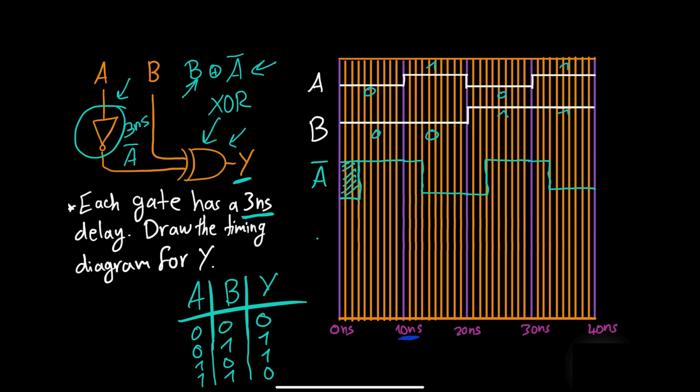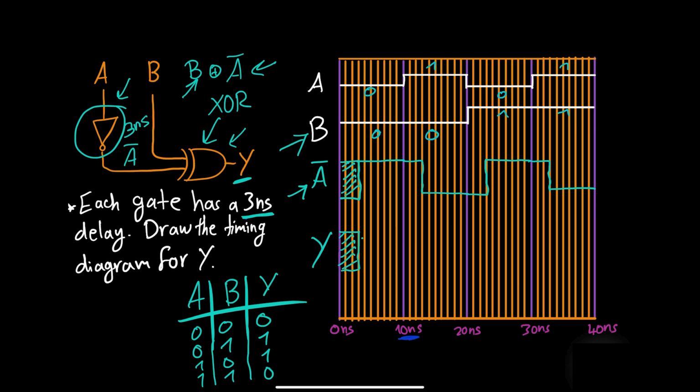So now we can continue with the timing diagram of Y. Y takes in A NOT, so we need to look at this signal right here, and B. Now for the first 3 nanoseconds, we'll not get any signal from A NOT. That is why here there will be nothing, basically.